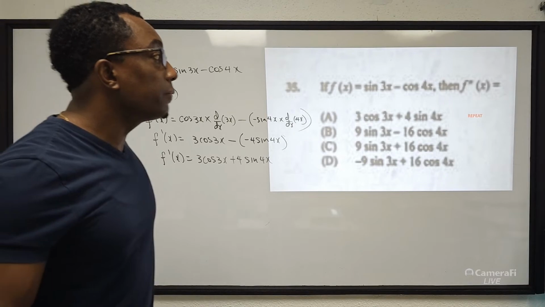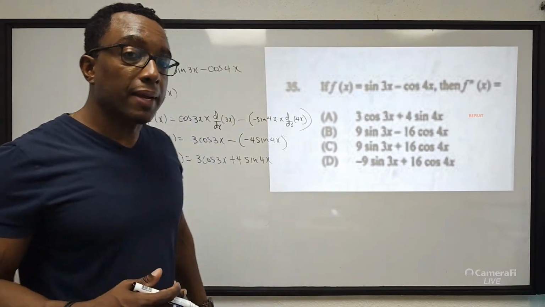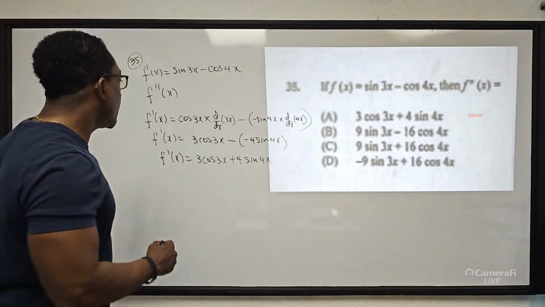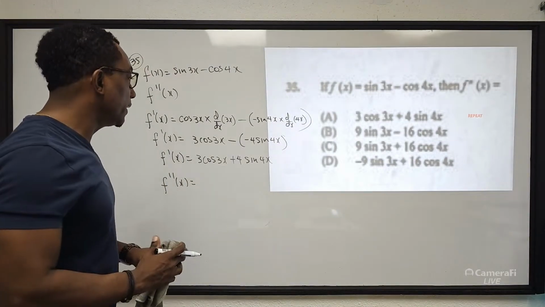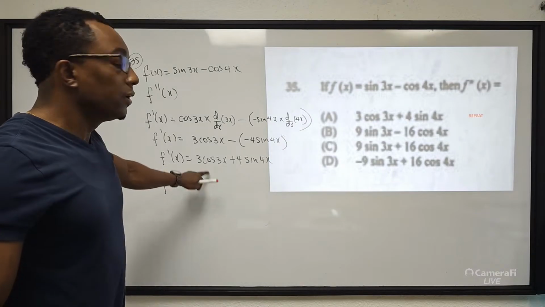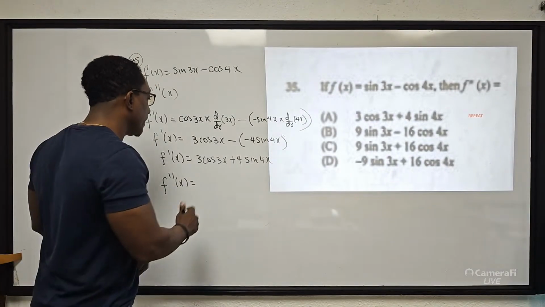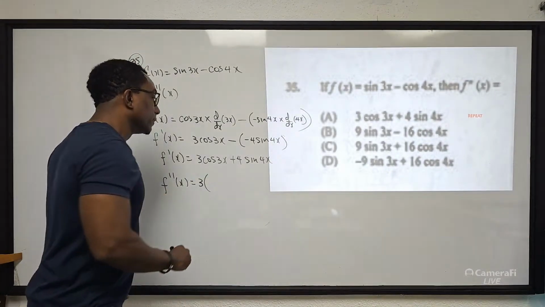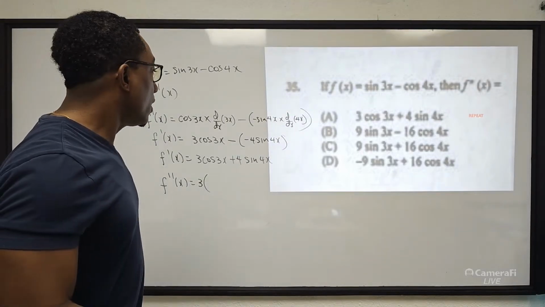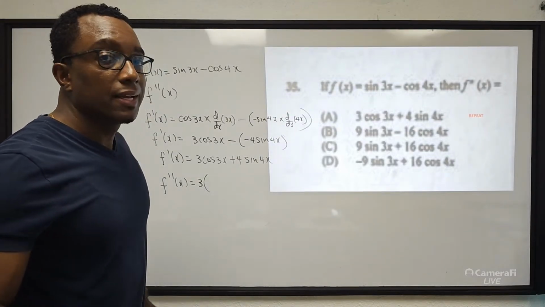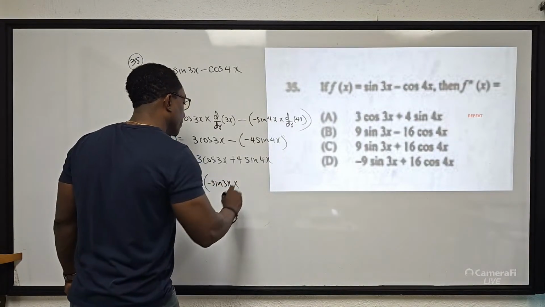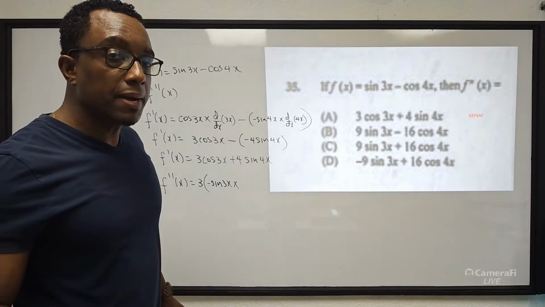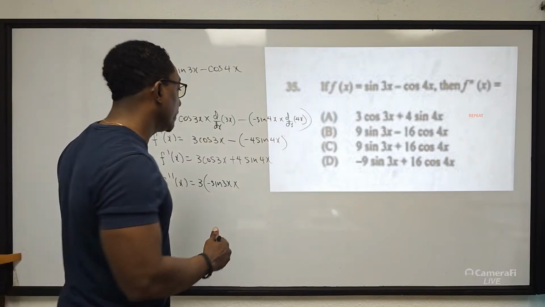But they want us to find f double prime x, which is the second derivative. When I differentiate, I hold the 3. The differential of cos the angle is negative sine the angle, but don't forget to multiply by the differential of the angle 3x, because the chain rule always comes into play.